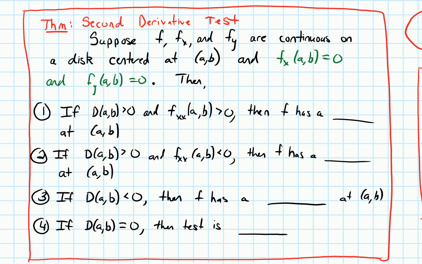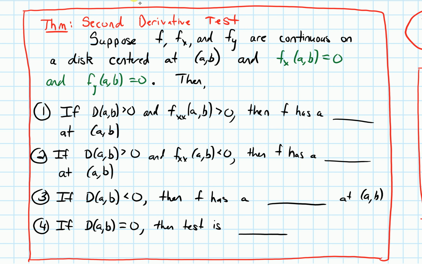Okay, so what does this second derivative test say? The preliminary conditions that we need are that f, the partial of f with respect to x, and the partial of f with respect to y are continuous on a disk that's centered at a point (a, b), and (a, b) happens to be a point where the partial derivatives both equal 0. So the partial derivative with respect to x at (a, b) equals 0, and the partial derivative of f with respect to y at the point (a, b) equals 0.